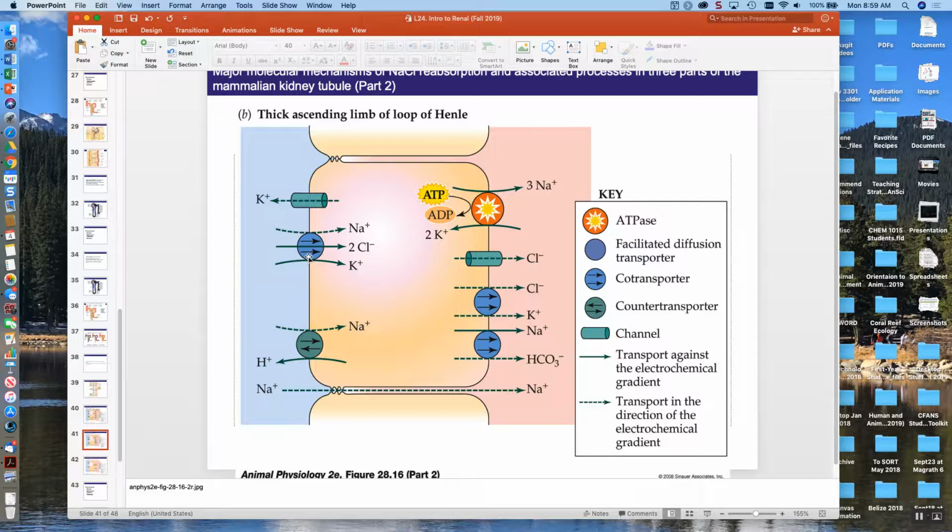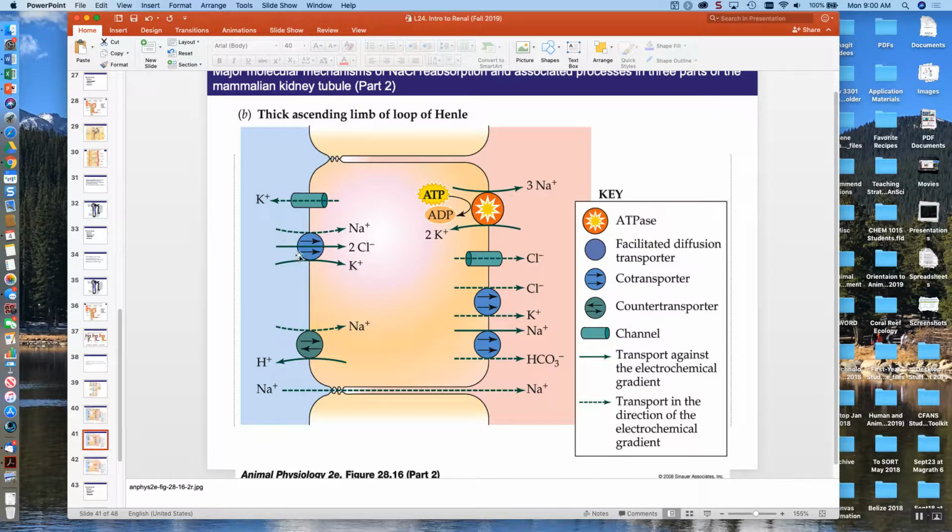Maybe an A or an E, I'm not sure. Lasix is the same as furosemide and bumetanide. It all is a blocker of that sodium-potassium 2-chloride cotransporter. Okay? Everybody got that? Pretty good?